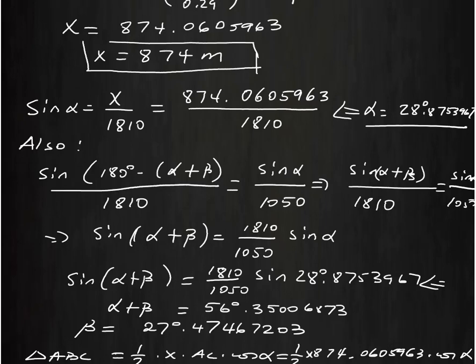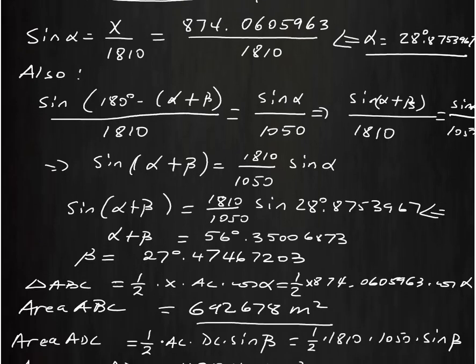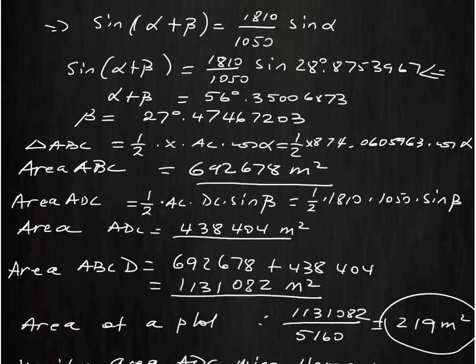There you go. So the area of ABC will be equal to half of x times AC times cosine alpha. When we calculate, we find that the area of ABC is equal to 675 square meters.